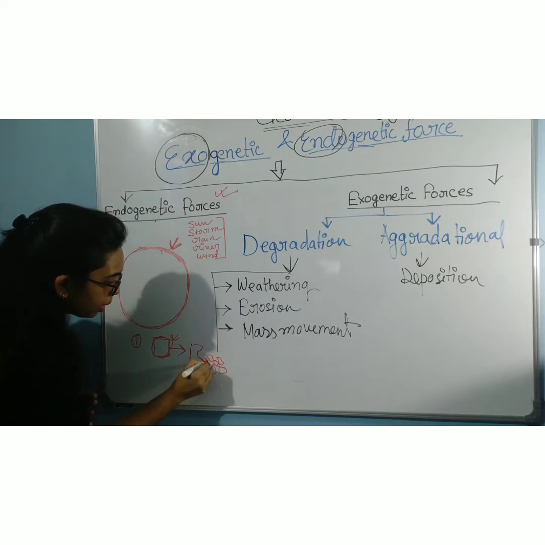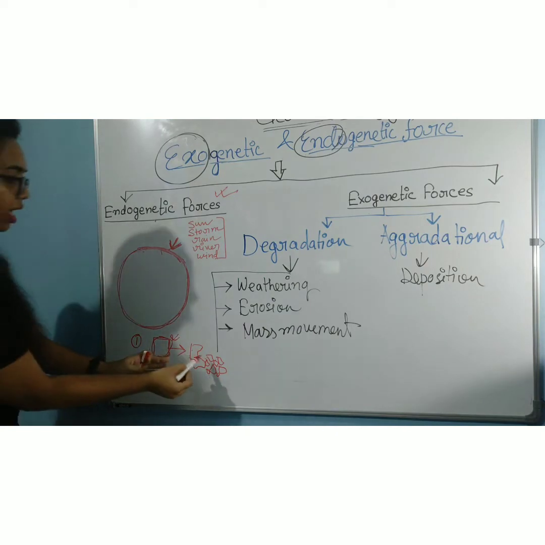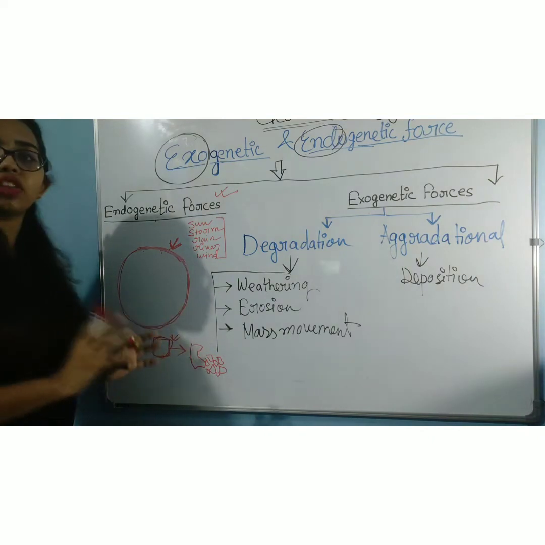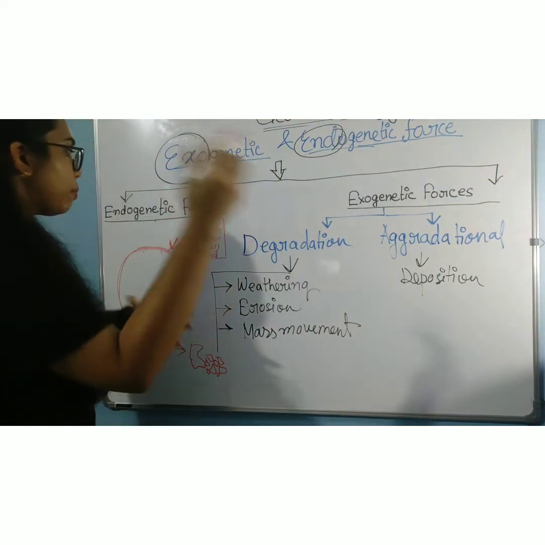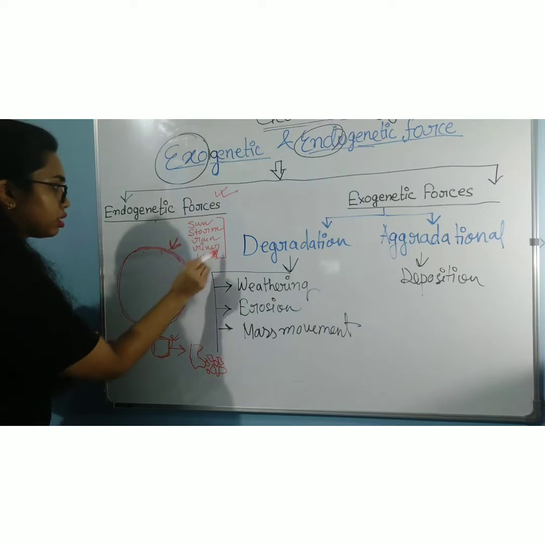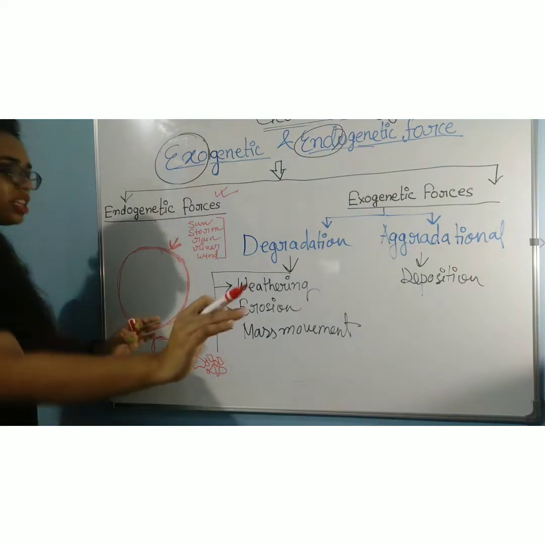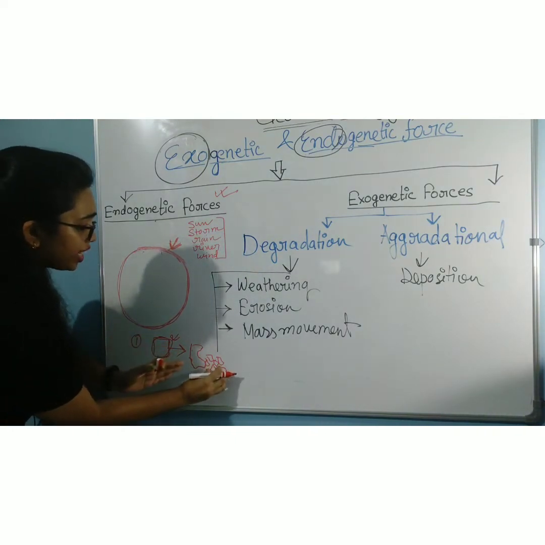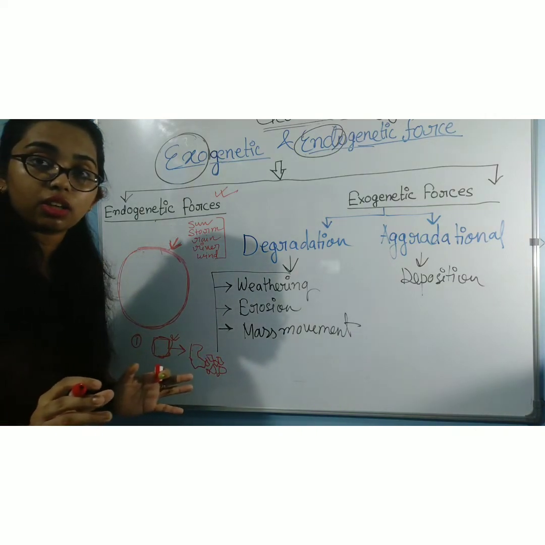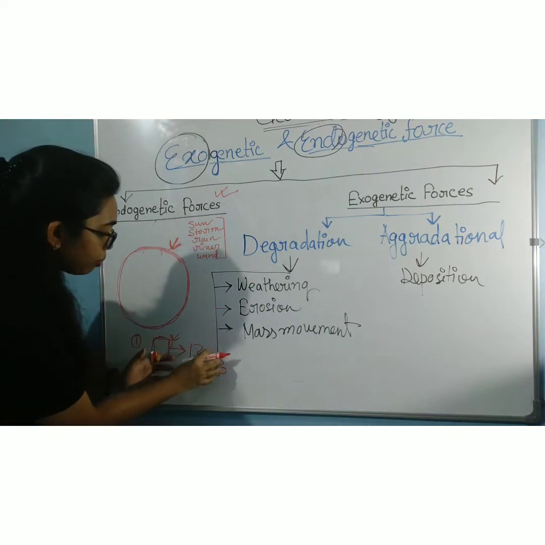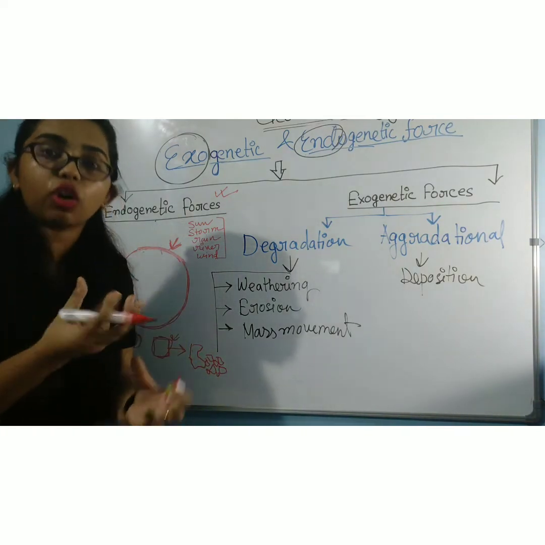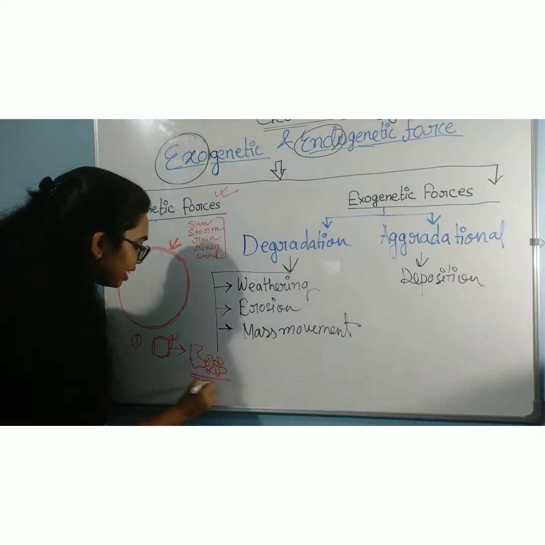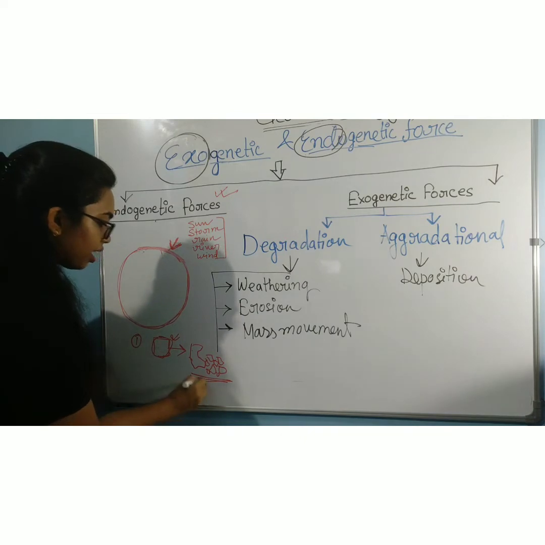These broken particles just stay beside that rock. So I repeat: these are the forces which work on the rock, and the rock is broken into particles. That broken, fragmented thing just stays beside that rock. This incident is called weathering.